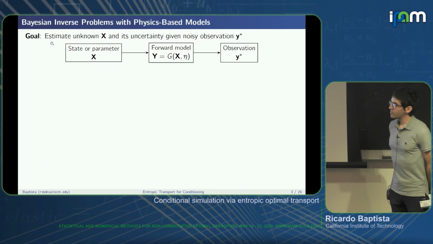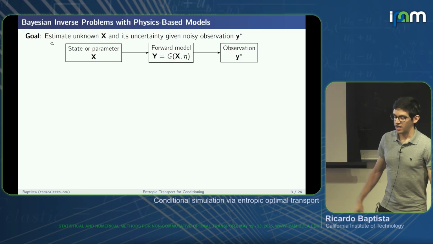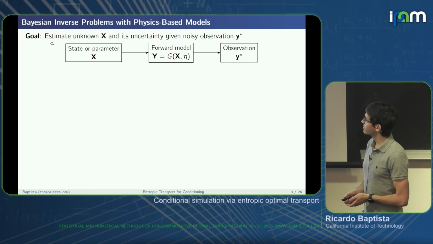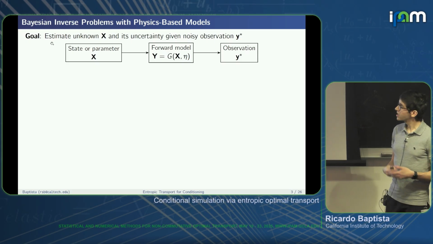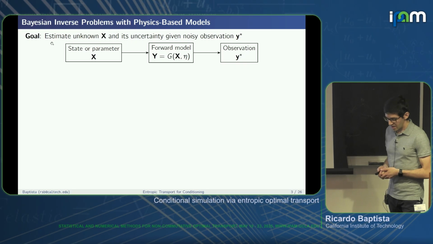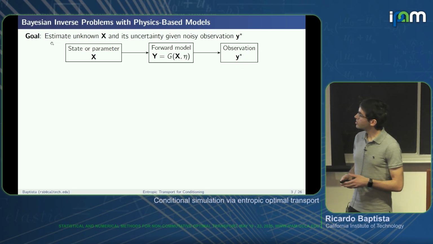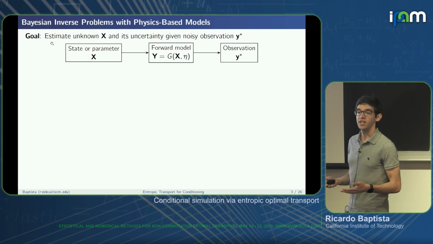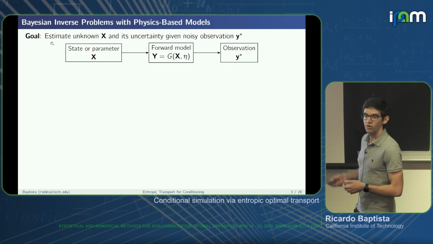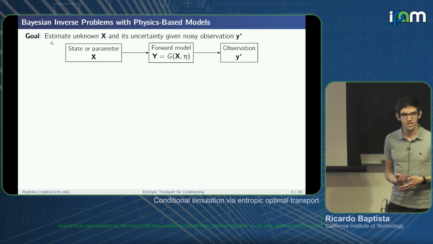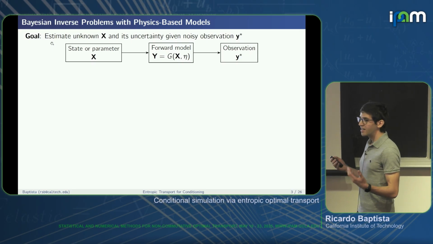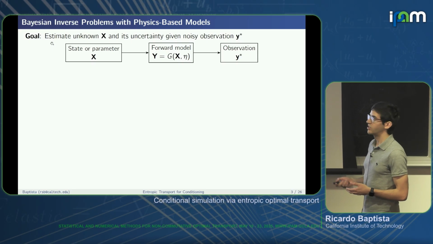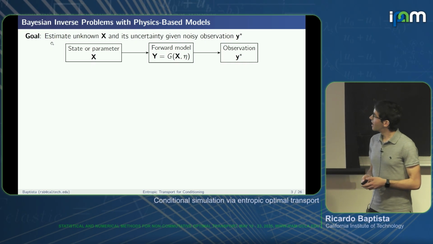The second example is one that I've spent a lot of time thinking about, which is that of inverse problems. It's a more classical application of trying to estimate an unknown state or parameter that we'll denote by x, and this is a notation that we'll use throughout the talk today, given a noisy and indirect observation that we'll denote by y.